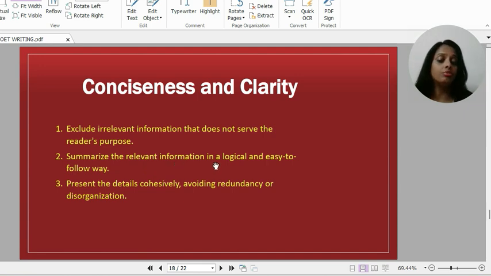Summarize the relevant information in a logical and easy to follow way. Present the details cohesively, avoiding redundancy or disorganization. A clear and concise letter ensures the reader quickly grasps the patient's situation and understands what actions are required without wading through excessive or irrelevant details.